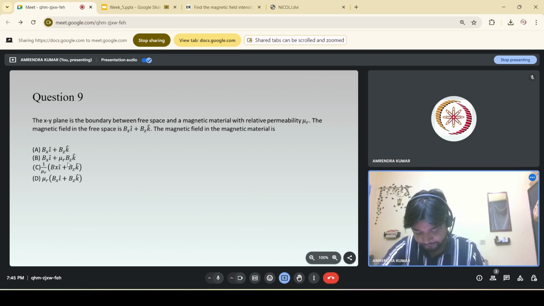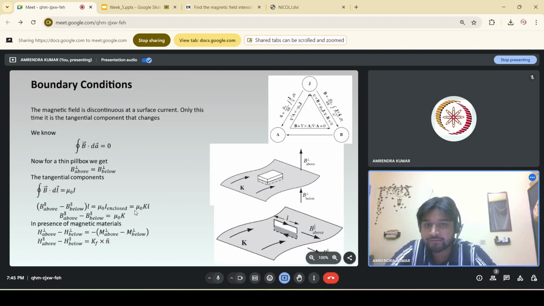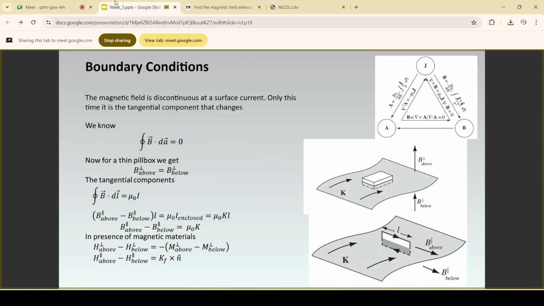So we have this, and we know that, because the boundary conditions allow us, there is no free current, so it's zero. So H parallel will be equal, also because there is no free current, and B perpendicular is going to be equal as well.